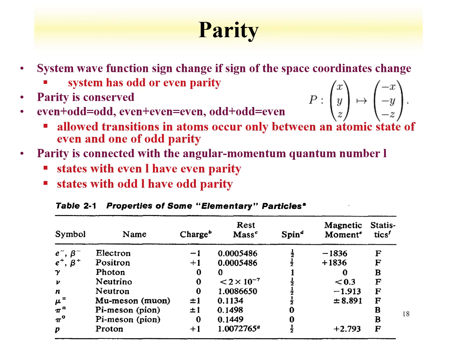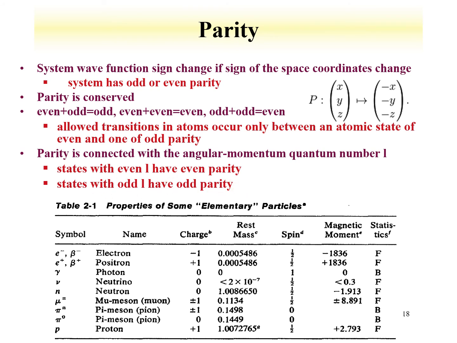Parity is also connected with your angular momentum quantum number. States with an even angular momentum have even parity, so S and D states, where states with an odd angular momentum have an odd parity. P states, for instance, are odd numbers; they will have odd parities. We'll utilize this when we discuss the shell model.